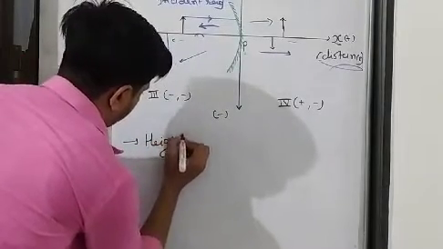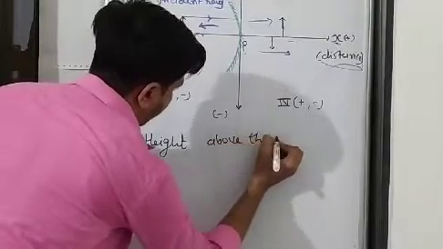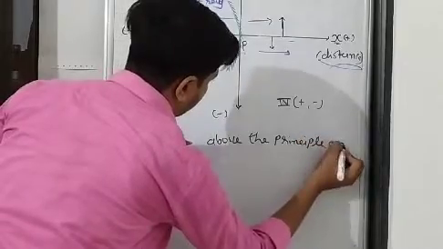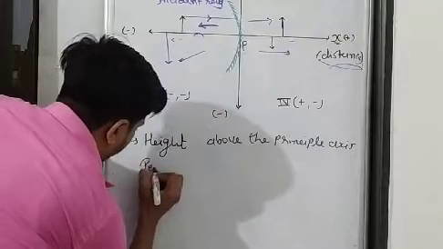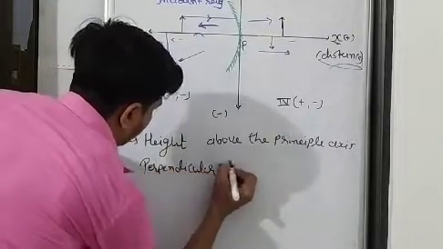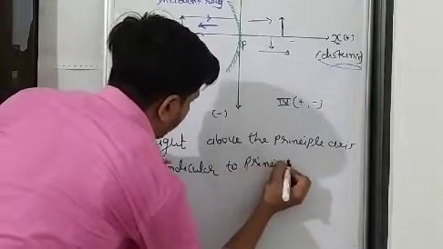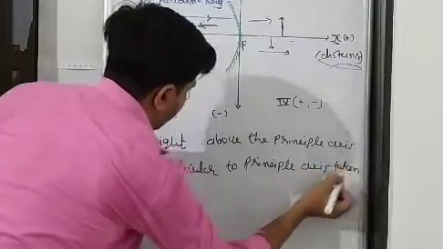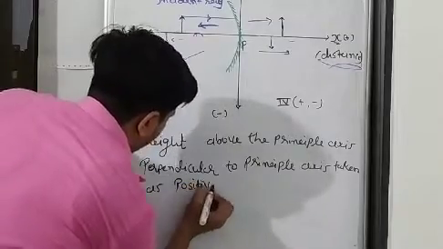Height above the principal axis, perpendicular to the principal axis, is taken as positive.